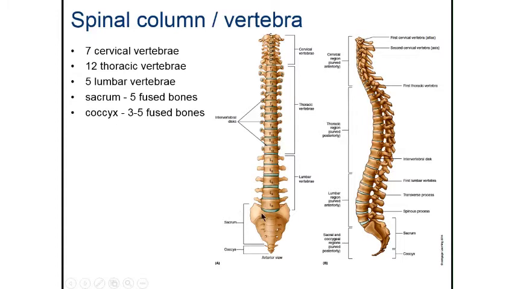We have the sacrum, which is 5 bones fused together. And lastly, we have the coccyx bones. Okay, so these are 3 to 5 bones fused together. If we are talking about an animal with a tail, then this is what's going to become their tail. Okay, so we don't have a tail, but we have a tailbone, right? That's basically what this is.